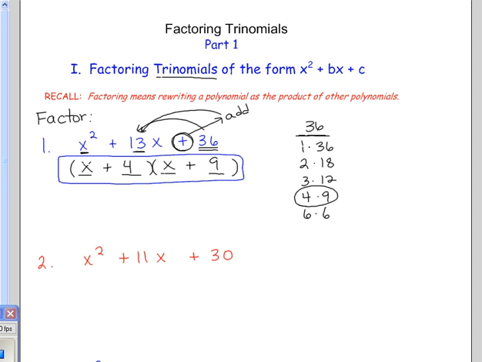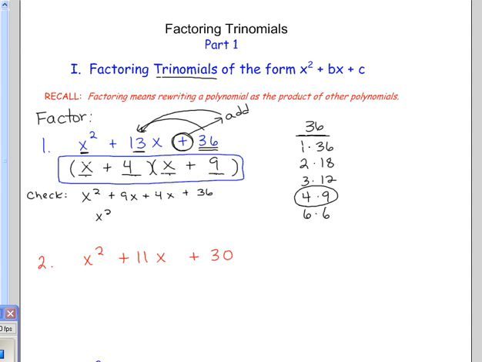Now I can check this if I want to by using the FOIL method. If I check, first would be x times x, x squared. Outer would be x times 9, 9x. Inner would be 4 times x, 4x. And last would be 4 times 9, which is 36.